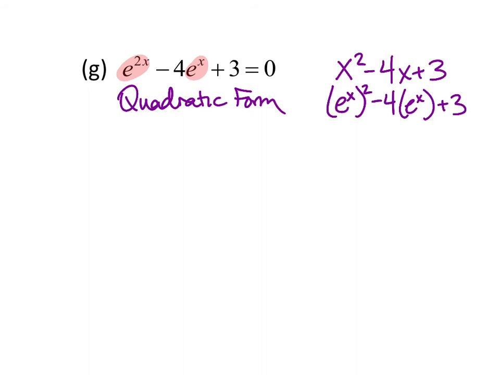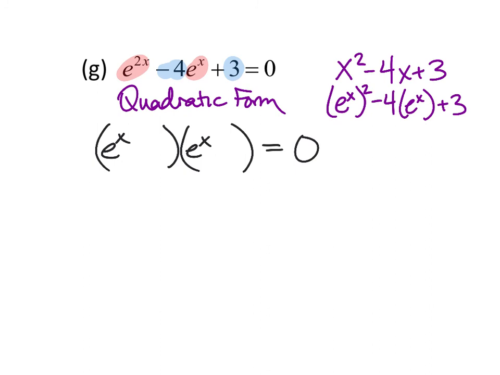So the way that we solved quadratics is by factoring them, because we can't isolate the exponential expression, but we can get there eventually if we treat it like it's a quadratic. The base is e to the x, so instead of putting x's in both parentheses, I'm going to put e to the x's in both parentheses. I want a number that multiplies to 3 and would add to negative 4.